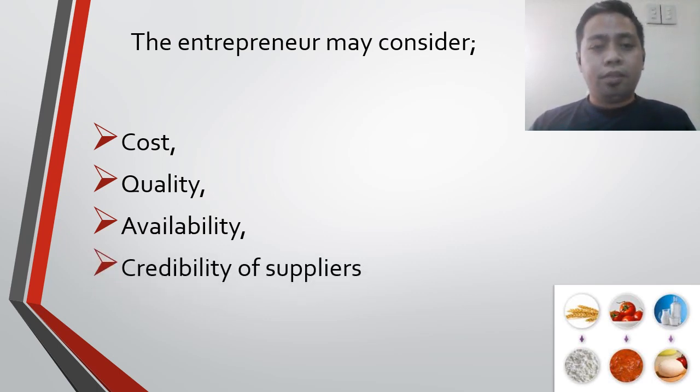The credibility of the suppliers. Can the suppliers give us what we need at the right time at the right price? Do they sell quality materials? That's why sourcing raw materials is very critical in any business endeavor, as an entrepreneur would want to have the cheapest possible at the higher quality.